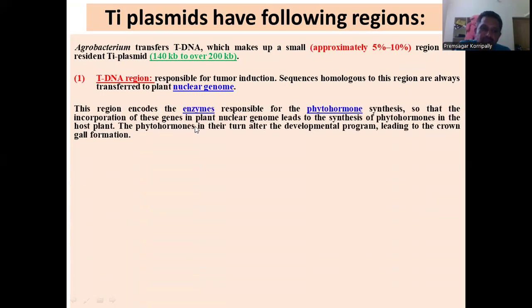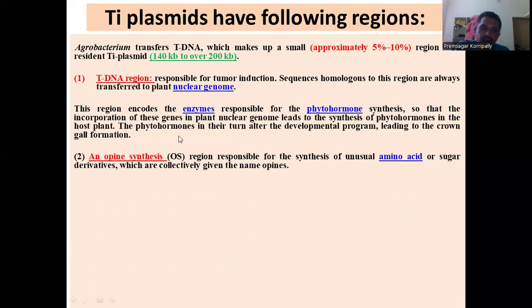As you know, T-DNA has enzymes responsible for phytohormone synthesis, such as auxins and cytokinins. In addition to the phytohormones, it also has a site for opine synthesis, which encodes unusual amino acids and sugar molecules, collectively called opines. They serve as nitrogen and carbon sources.